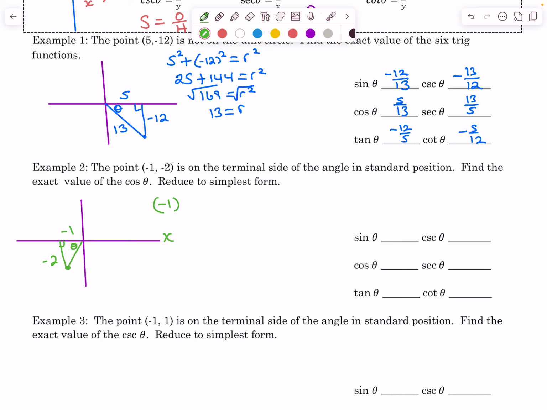So -1 squared plus -2 squared equals r squared. So that's 1 plus 4. And that is going to get me 5 equals r squared. And so I will get r to be the square root of 5.